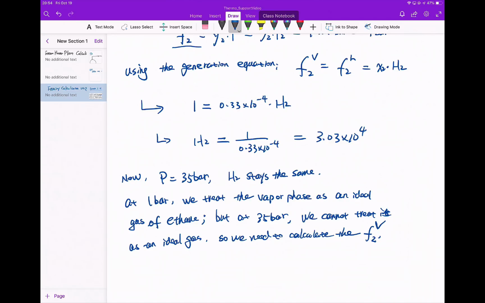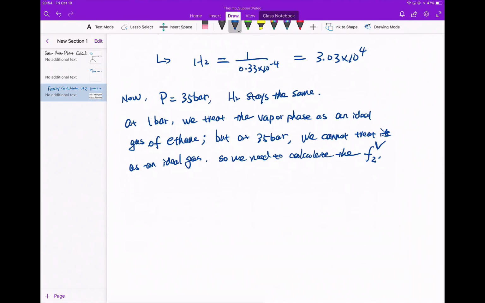However, we would still have the general equation. We still use f2 prime in the liquid, which is x2 prime times H2. This would be f2 prime in the vapor phase.